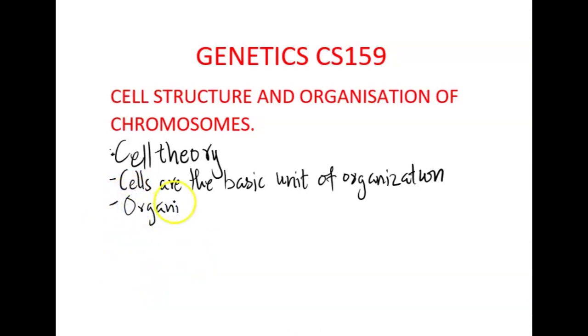Organisms are made up of at least one cell. So you can put this in your head: cells are the basic units of organization, and organisms are made up of at least one cell.